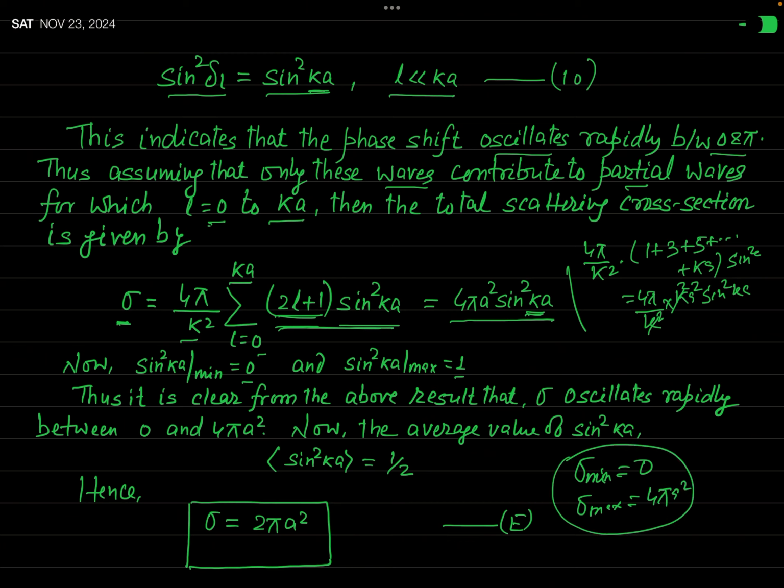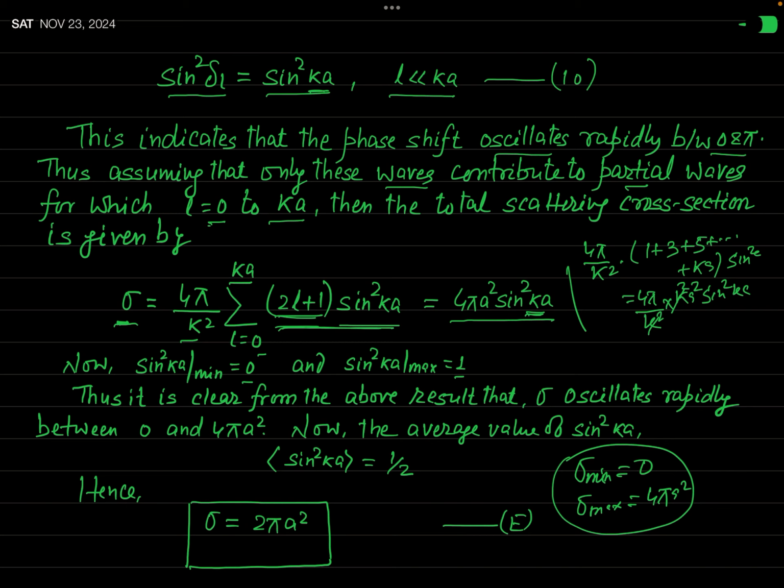And between these two limits, the value of this cross section oscillates. It is of oscillatory nature. Definitely in an experiment, in an observation, we do not observe this oscillation because this is a very rapid variation. We only observe the average or mean value of this.